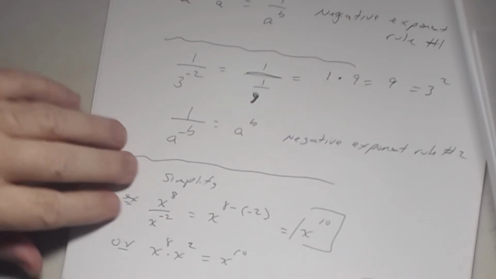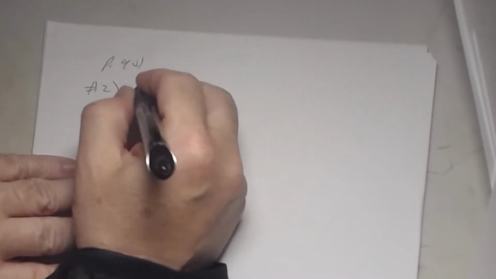All right, so let's look at this one. This is going to be number 2 on page 901. All right. So we have 6 to the negative second power. Make the exponent positive.